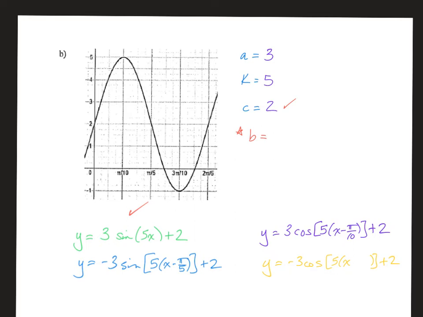A cos graph normally starts at the top and falls, so a negative cos graph would start at the bottom and rise. Whereas the first instance where we are at the bottom and rising, all the way down there, I look up and see how far that is, and so therefore I would have to shift my graph all the way over there, which means I would have a shift right 3 pi by 10.